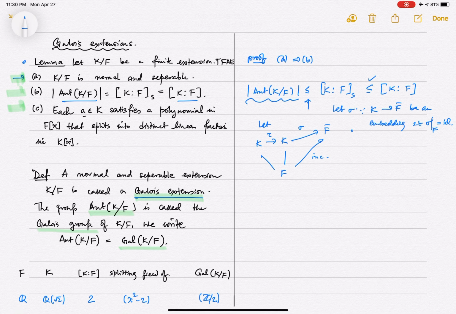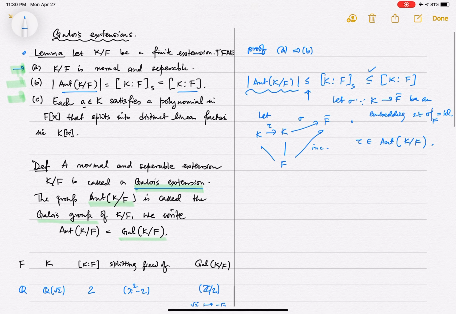So if you give me an element tau in Aut(k over f), meaning an automorphism from k to k fixing f, then tau then sigma is another embedding.